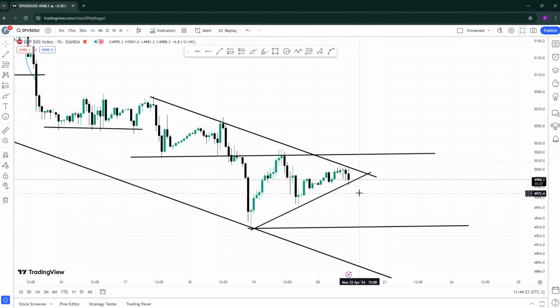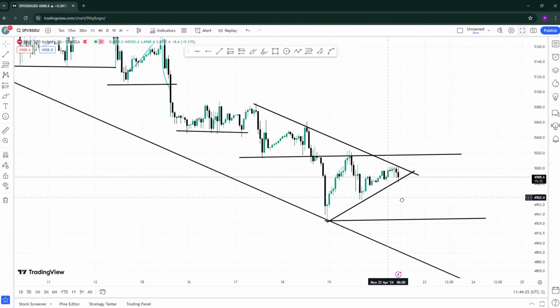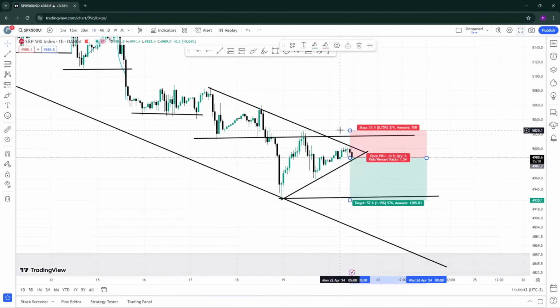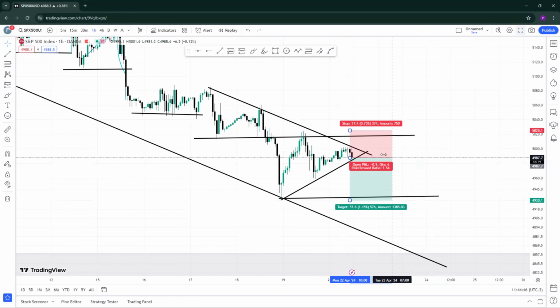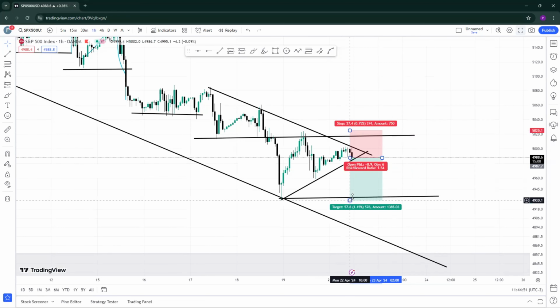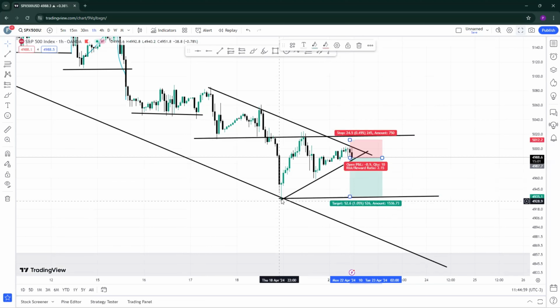If you're a swing trader, you can just take this trade straight away. When I'm swinging, I always take my entry on the 1 hour or the 4 hour time frame. So you take this trade, your first TP will be at this level.